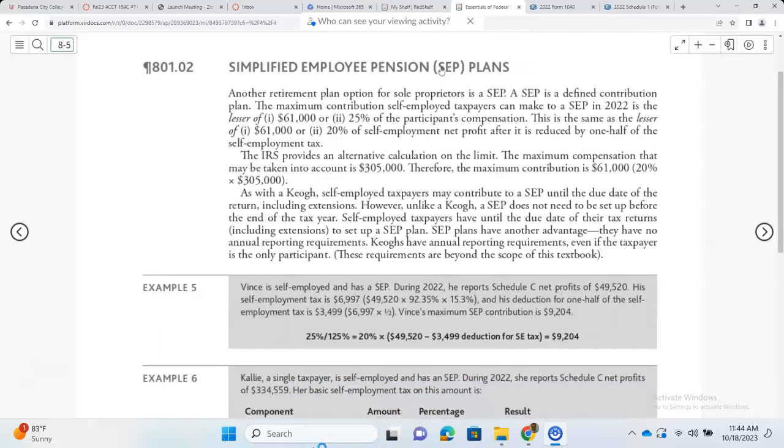And remember, we covered SEP, and we said the lesser of 61,000 or 25% contribution. That's the maximum that can be contributed towards the SEP. And SEP is a defined contribution plan of retirement.